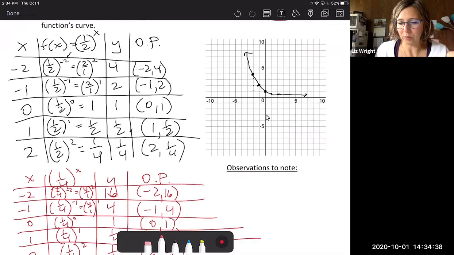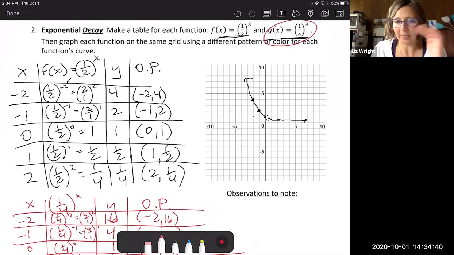So -2 and then up to 16, we're going to have to extend our graph, so it's going to be up here. And then I'm just going to write that in, -2, 16. Then our next one was -1, 4. Then we've got 0, 1. And then we had 1, 1/4.